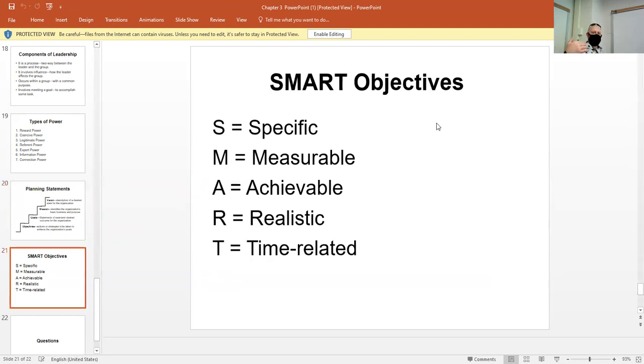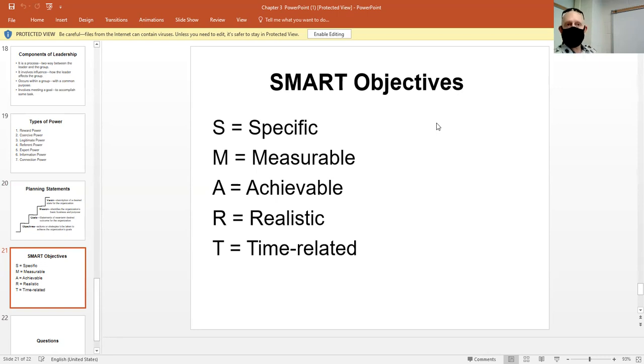And when we're doing objectives, one good way to make objectives, I know that you guys have seen this before, is SMART objectives. If not, this is a really good slide, and we need to know what these are, because this is actually something that's useful. Your objectives need to be specific. They need to be measurable. You need to have some kind of way that you can measure whether or not your objective is happening or not.